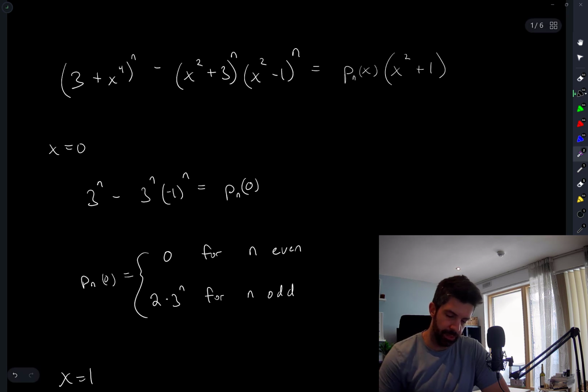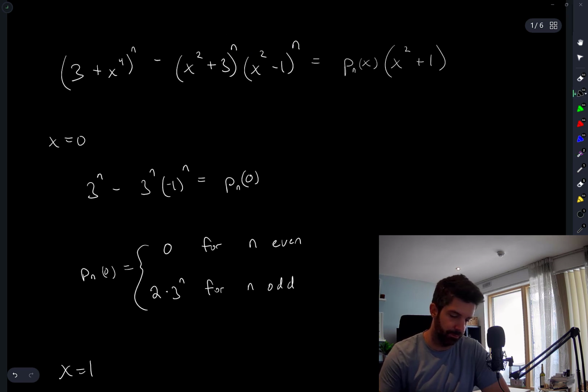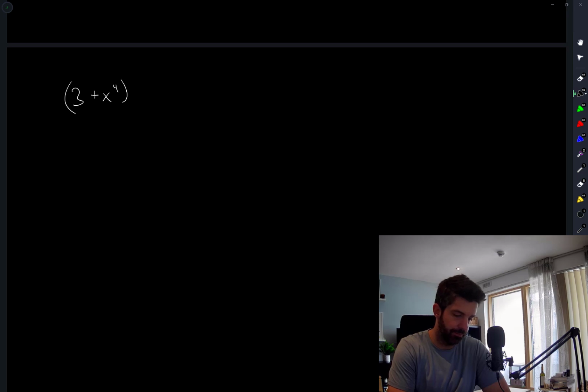Maybe something I can do is combine those under a single power of n. So if I write this as (3 plus x to the 4) raised to the n minus (x squared plus 3 times x squared minus 1) all to the n.